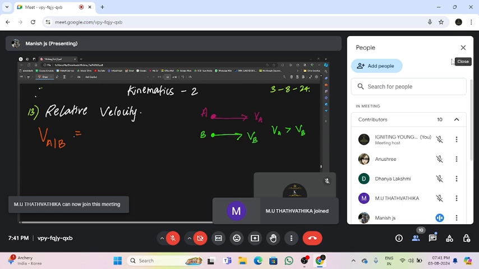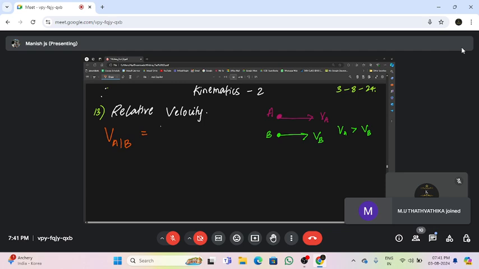The velocity of A with respect to object B can be expressed as VA minus VB, that is, the velocity of object A minus the velocity of object B. Whichever object is moving with a greater velocity, you first write that term and then subtract the velocity of the other object moving in the same direction.